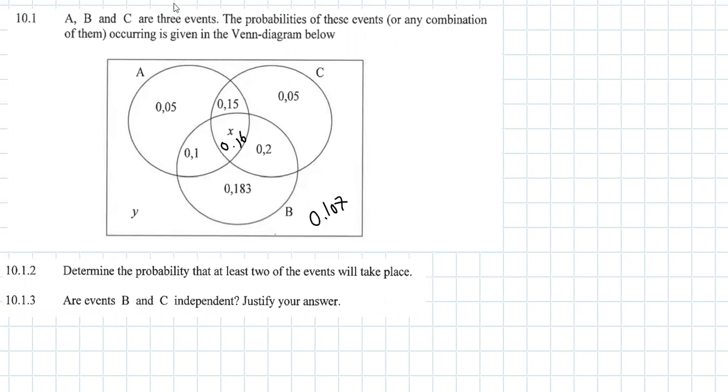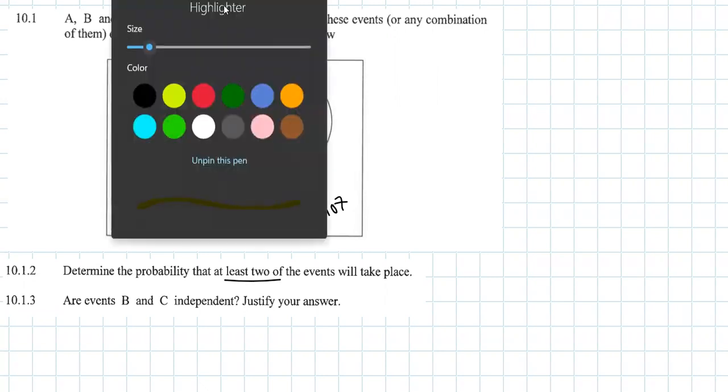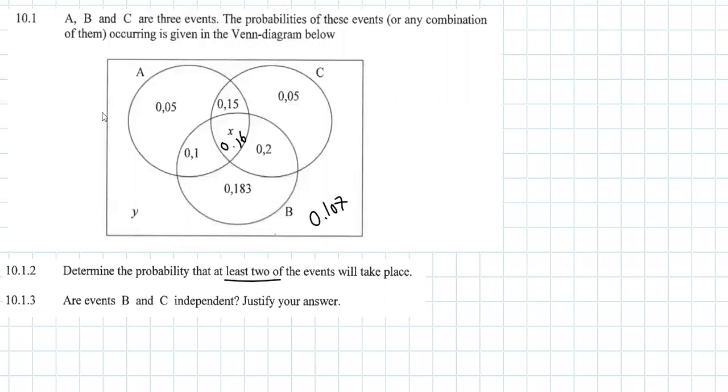10.1.2. Determine the probability of at least two of the events taking place. So at least two is the overlap of A and C, and B and C, and A and B. So all of those added together, that's your at least two area.